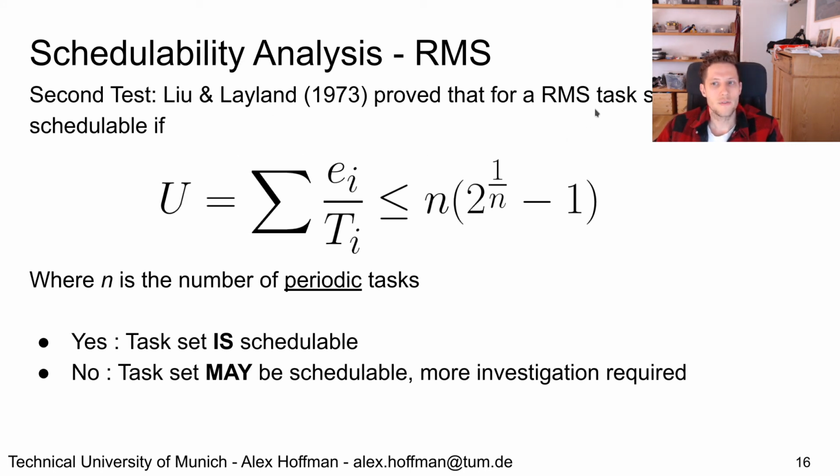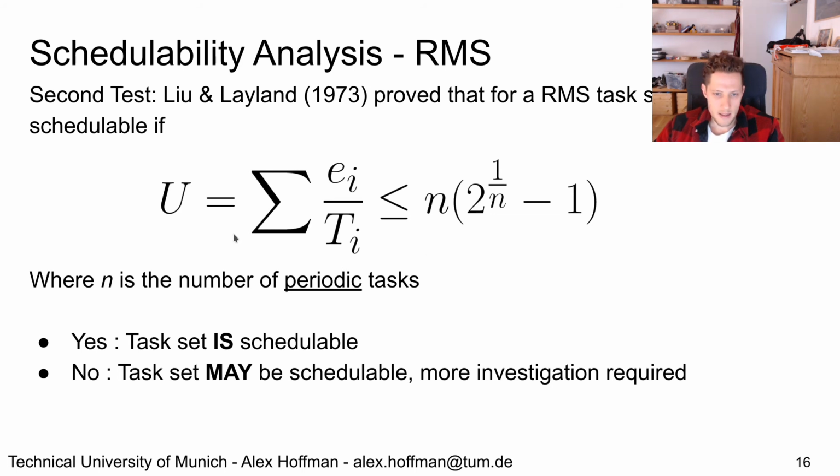It's for rate monotonic scheduling, and it will determine whether the task set is schedulable. Their test put forward that for some n number of periodic tasks, meaning they have a period that is always the same, because you do obviously have tasks that are non-periodic.